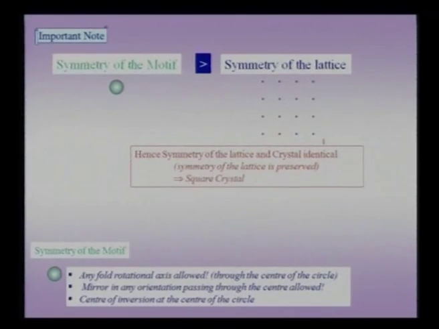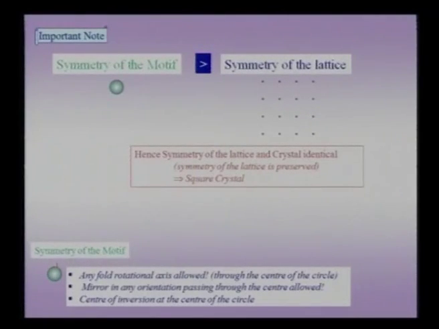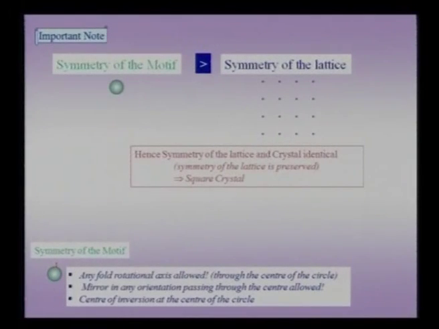Now, what is the symmetry of the motif we are talking about here? Here we are talking particularly only about the symmetry of the circle motif, not of the lattice, not of the crystal, nor of the unit cell which we have considered. We see that for this motif, any-fold rotational axis is allowed, which of course has to pass through the center of the circle. We also notice that a mirror in any orientation passing through the center is also allowed for a circle.